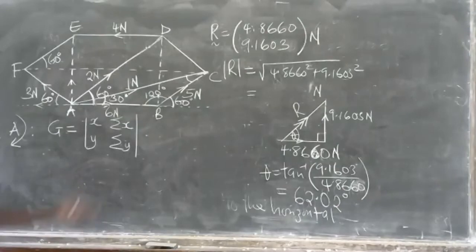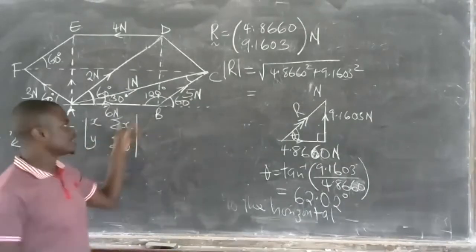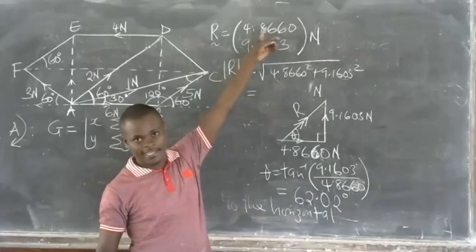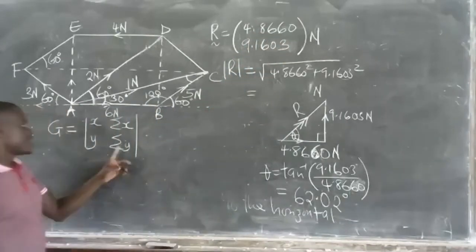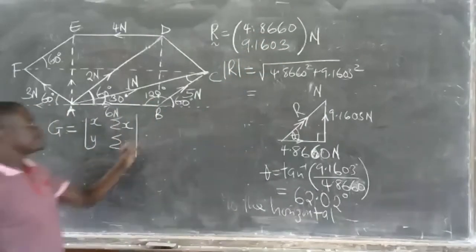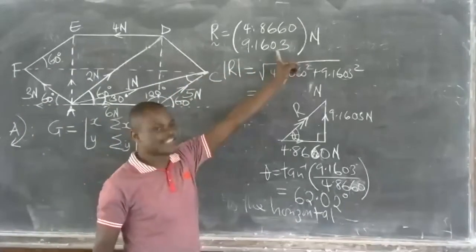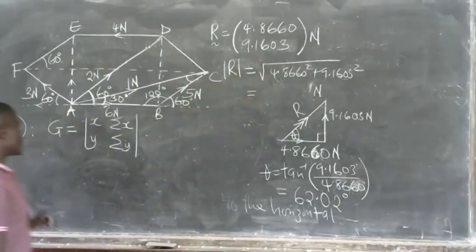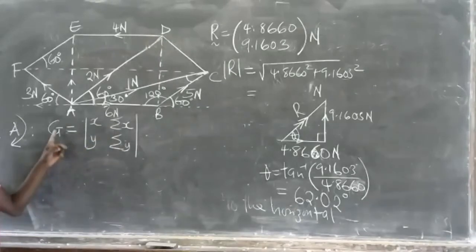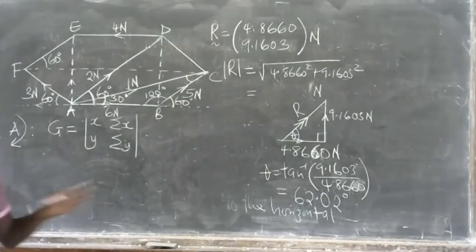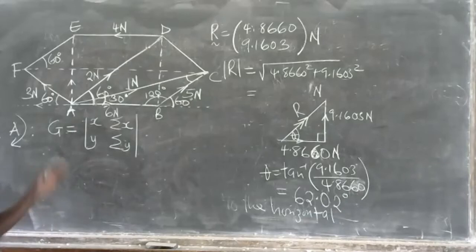So what do we need? Sum of forces horizontally is 4.8 and so on. The sum of forces vertically is 9.1603. So what we need basically is the G, only the sum of moments.